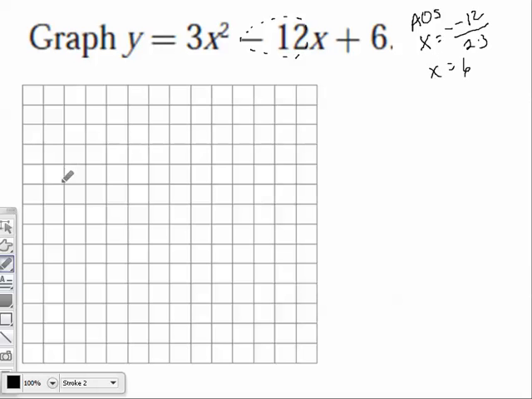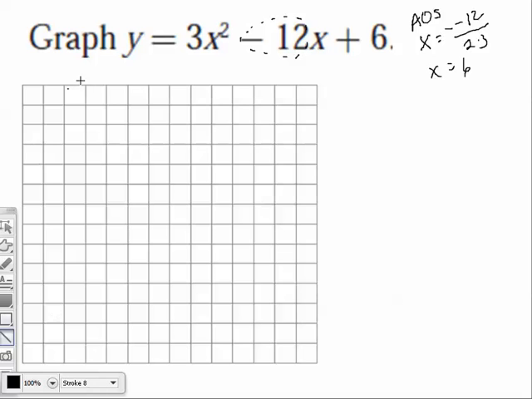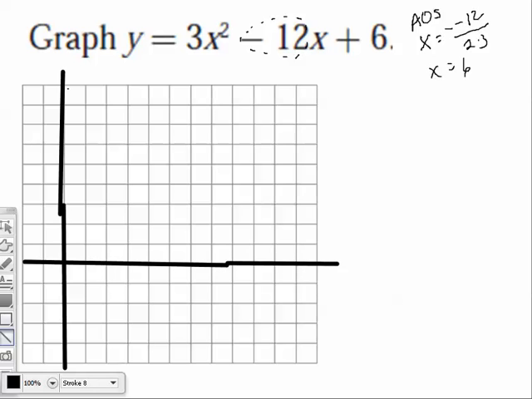So, not having coordinates on here, let's see if we can't put a coordinate graph on here. Let's do that. And we will get a nice solid black line coming down like this, and that'll be my y-axis. And we'll get a nice solid black line going across like this, and that will be my x-axis. Okay?